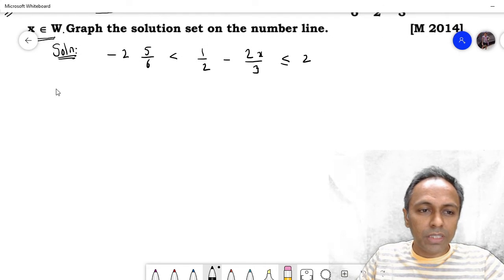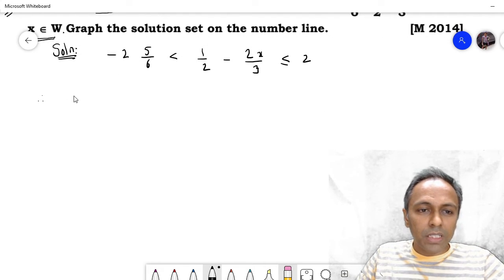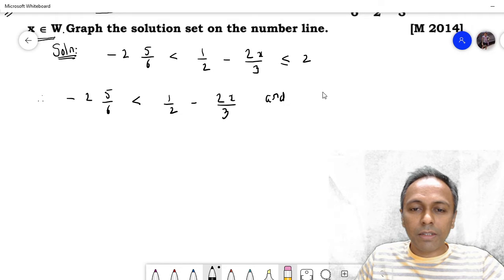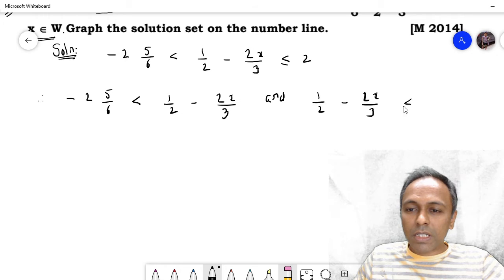We will break the question in solution in 2 parts. Therefore minus 2 5 upon 6 is less than 1 upon 2 minus 2x upon 3, and 1 upon 2 minus 2x upon 3 is less than or equal to 2.